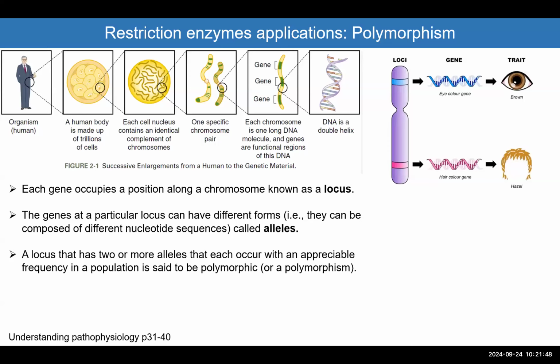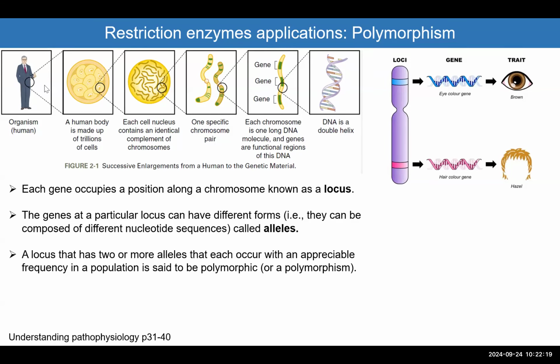Polymorphism, in other words, is the differences between the DNA sequences of two individuals. If you get DNA from different humans, there is 99.9, I would say, similarity in the sequences. But yet there is still a very small room where these individuals are not the same.